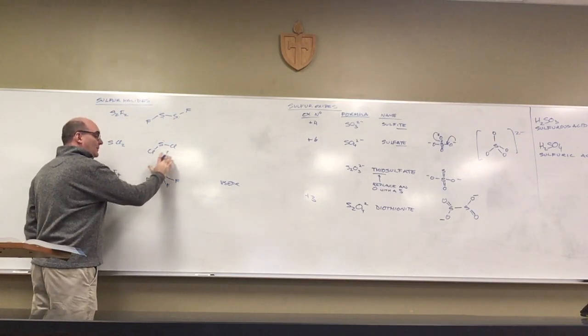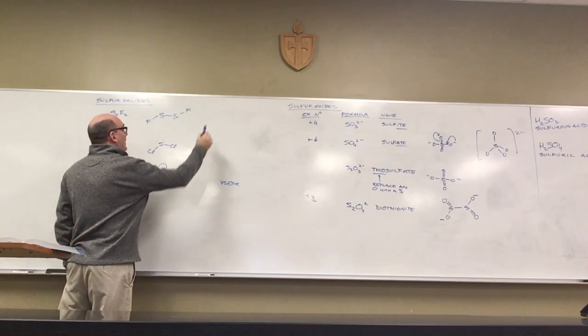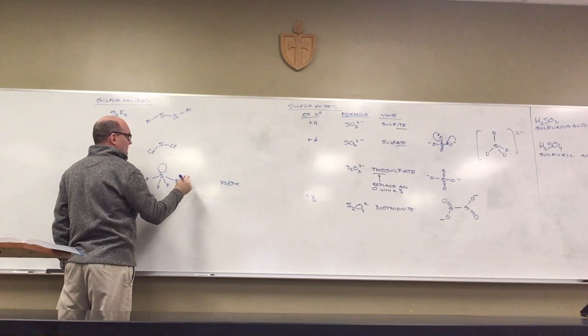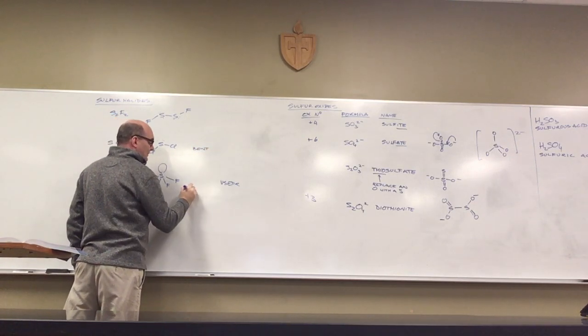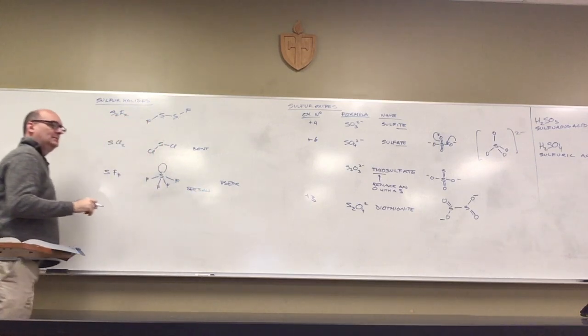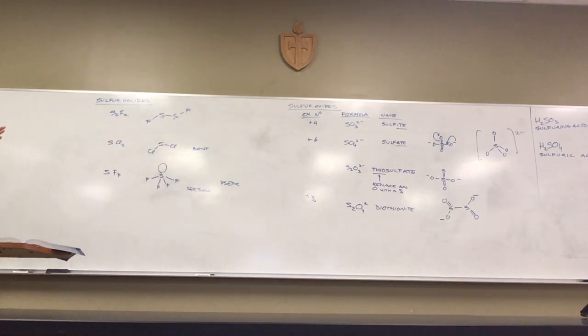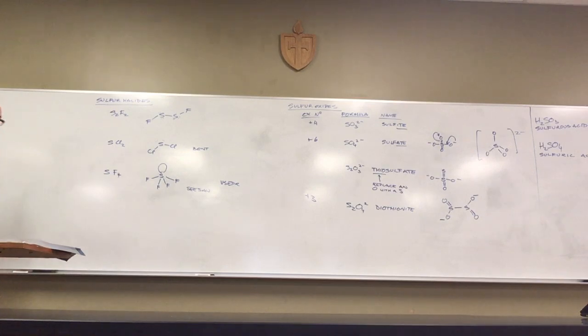And it occupies this space and distorts this down. And that's why that geometry is bent. This one doesn't get to be tetrahedral or square planar or anything nice. It gets to be kind of an ugly geometry.